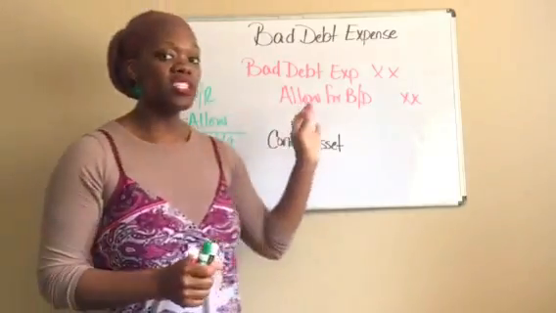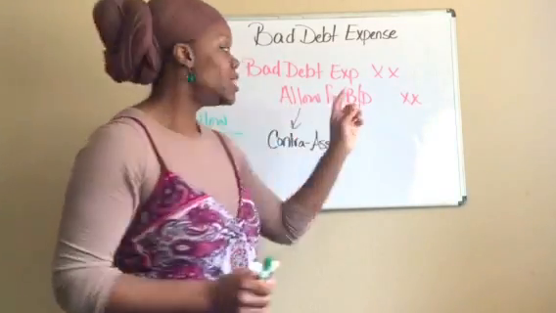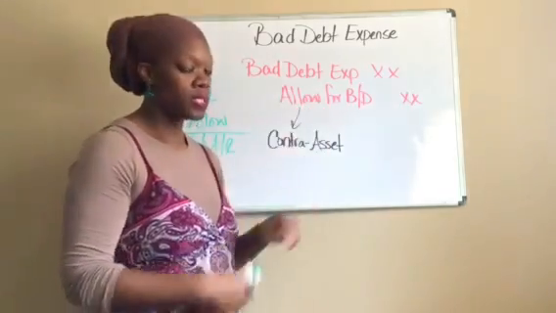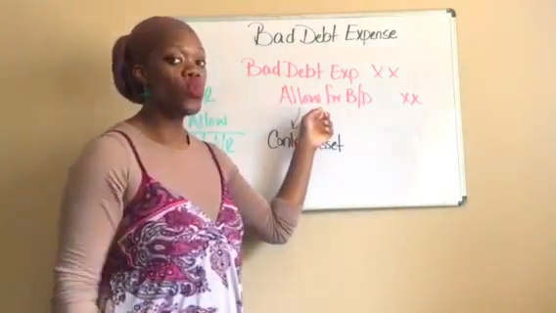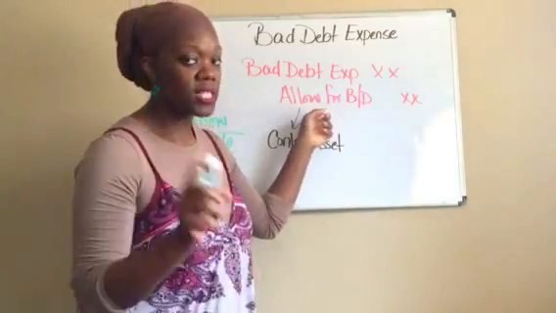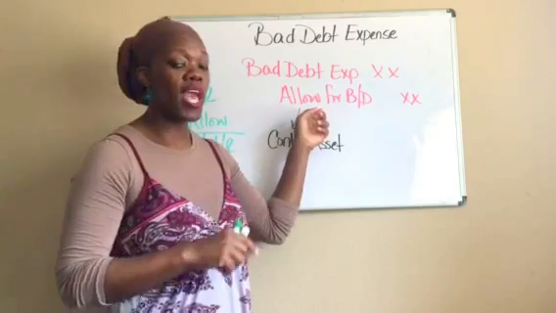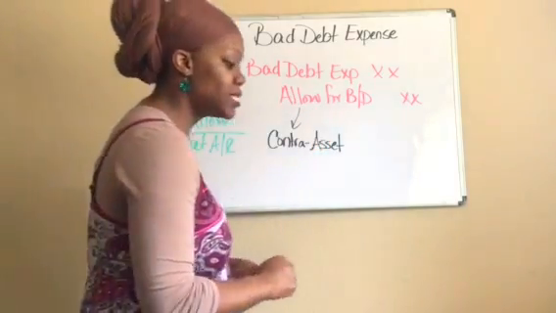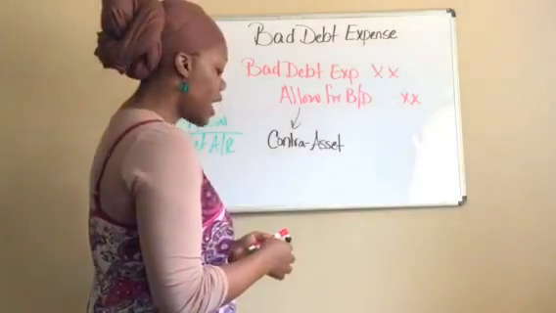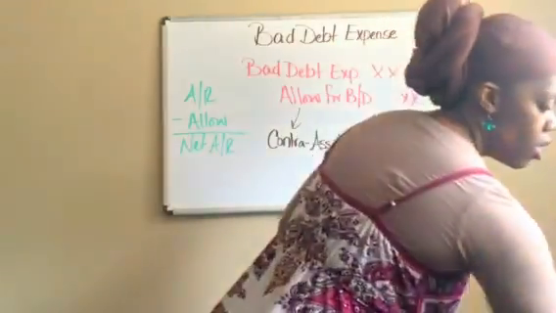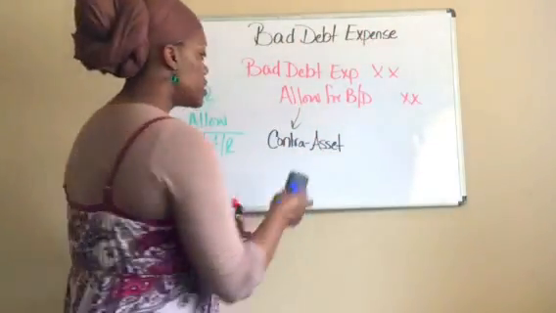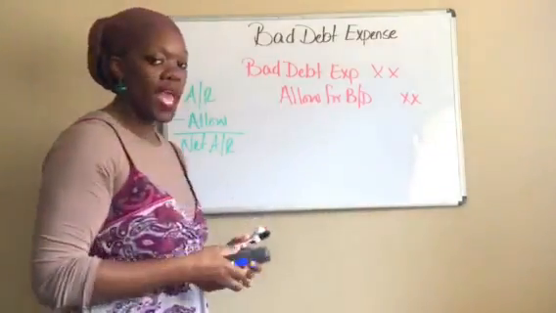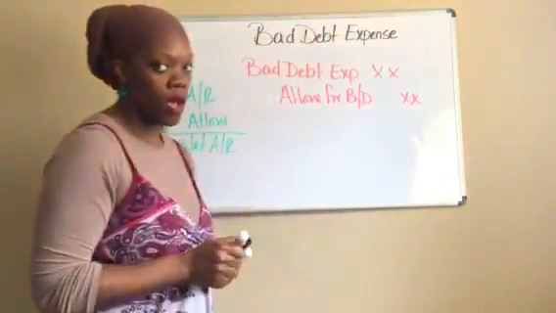So regardless of which method we choose, this will always be the journal entry for us to estimate the bad debt. This is not what the journal entry looks like when we actually write off the bad debt. Once we have a situation where our customer decides they're not going to pay, then we actually have to write off the bad debt.